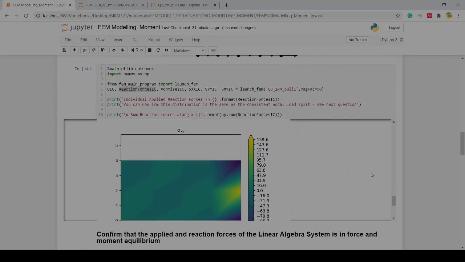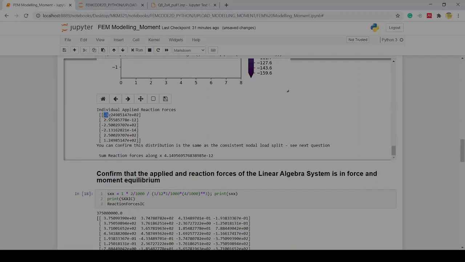So let's look at the reaction forces there. The reaction forces there are minus 125, 0, minus 250. And at the top, it's 0, 250, 125.